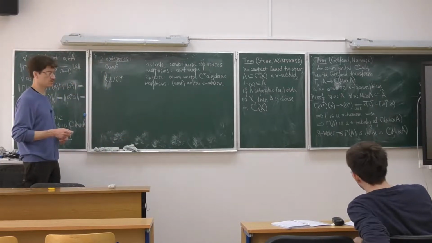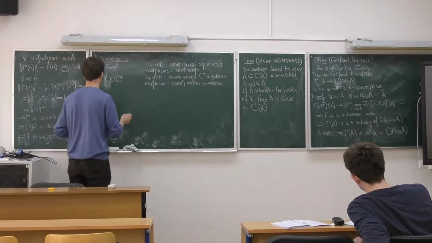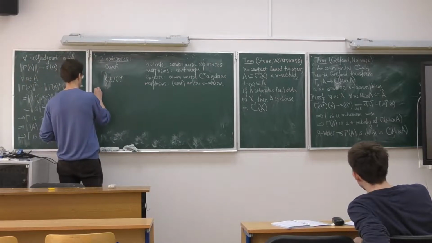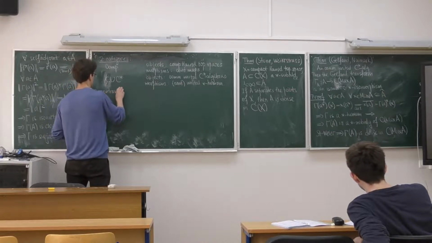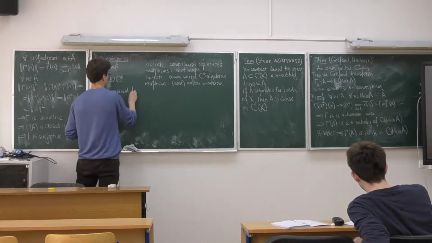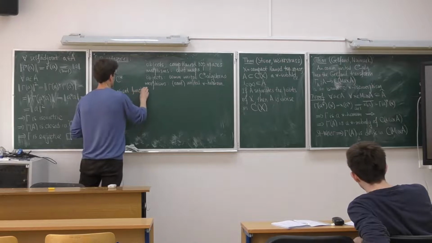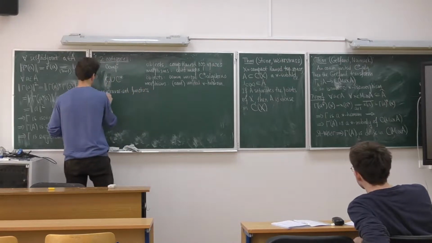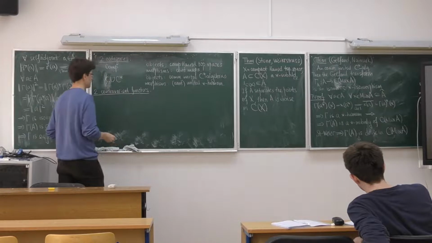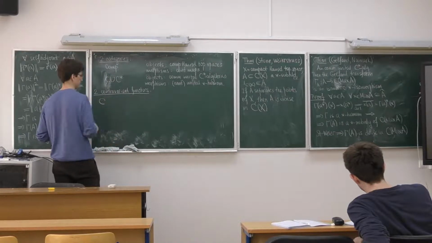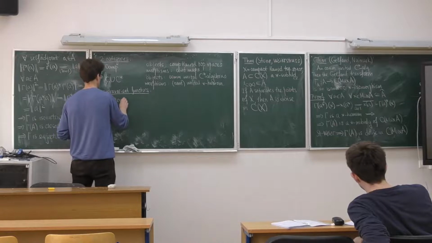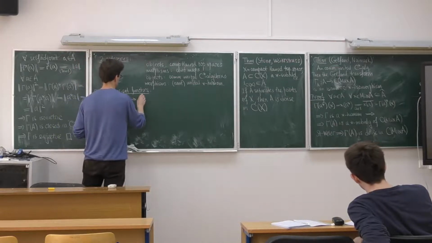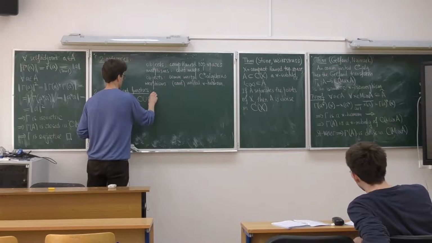And now let's construct two functors, or more exactly two contravariant functors. The first functor will be denoted by C. It acts from the category of compact Hausdorff topological spaces to the category of commutative unital C-star algebras.